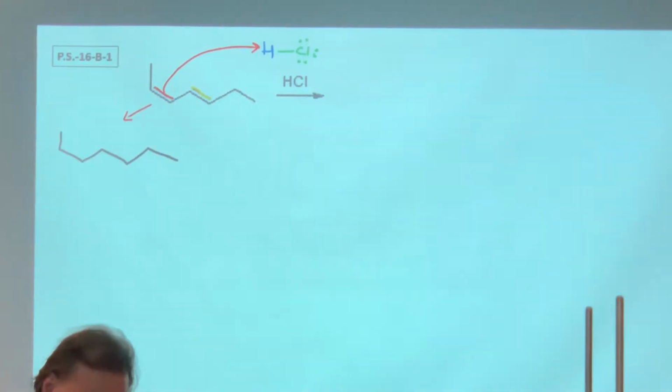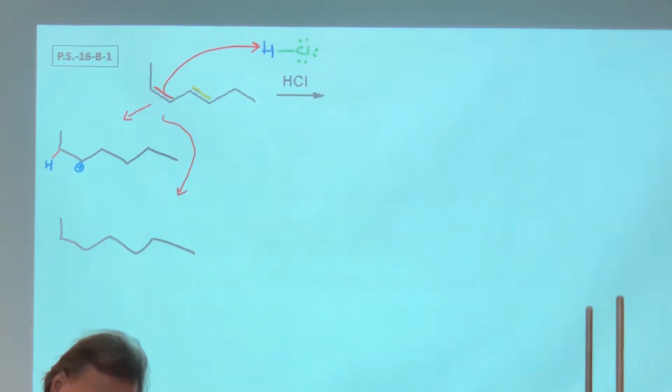Okay, so the hydrogen can go to the left, and the plus charge will go to the right here. The other choice is to make this, and put the hydrogen over here, and we'll put the plus charge over here.